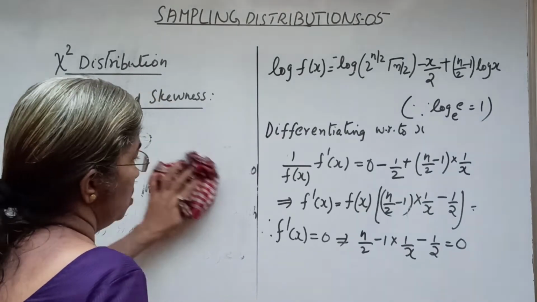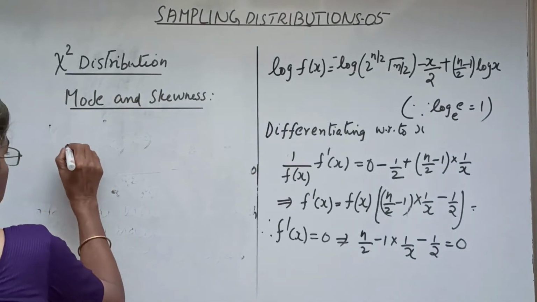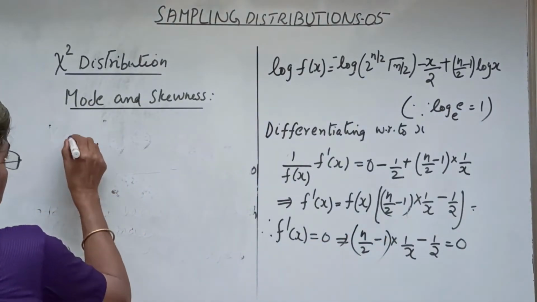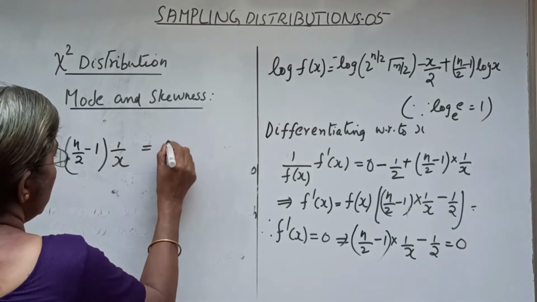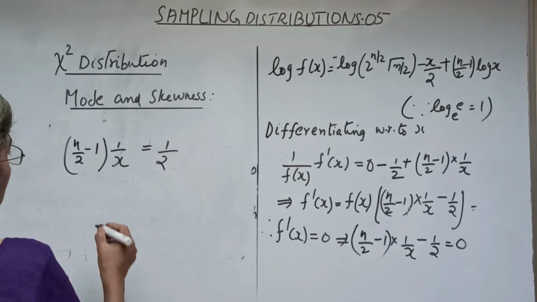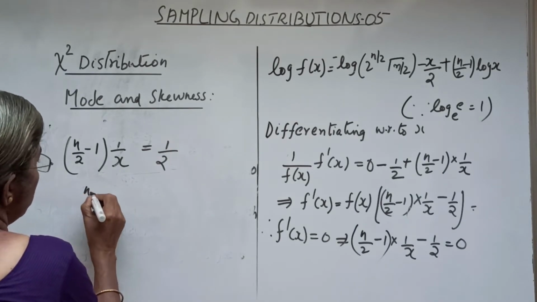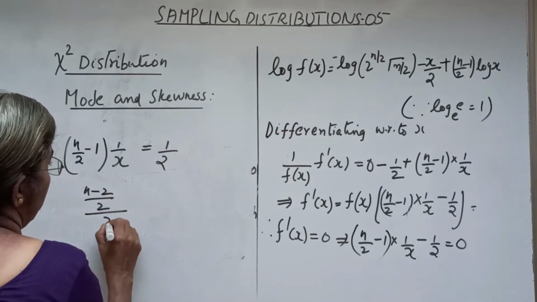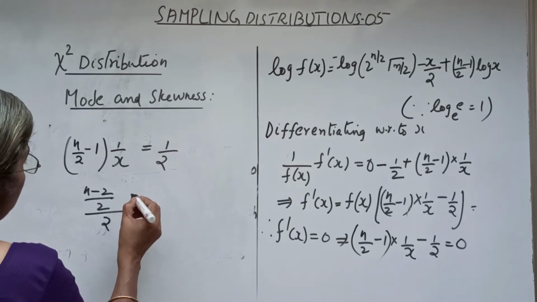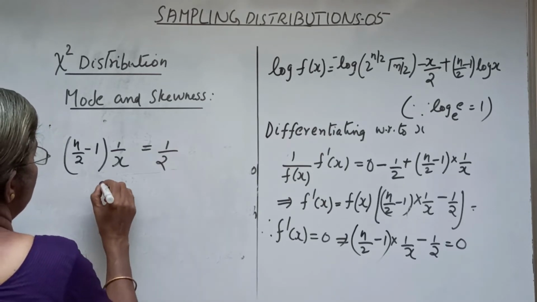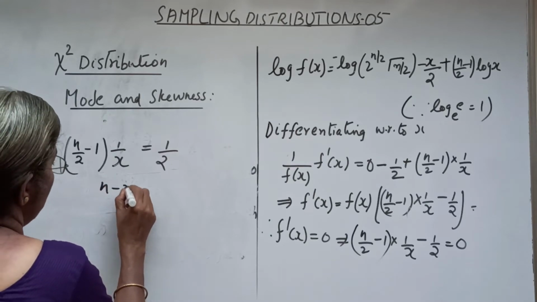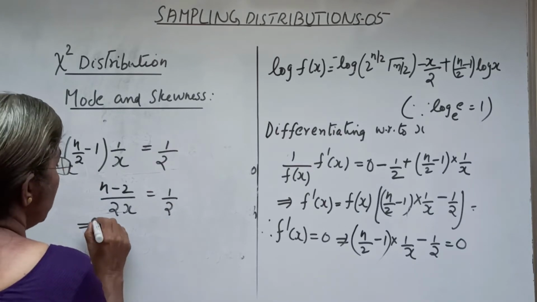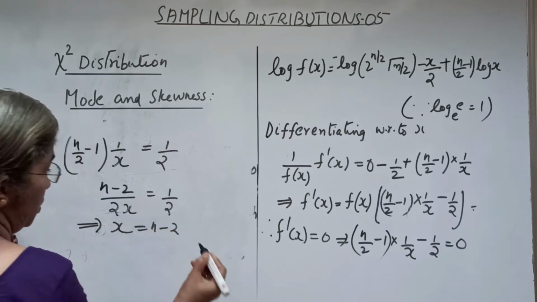On solving, n by 2 minus 1 is n minus 2 by 2, so we can write this as n minus 2 by 2x equal to 1 by 2, which implies x equal to n minus 2.